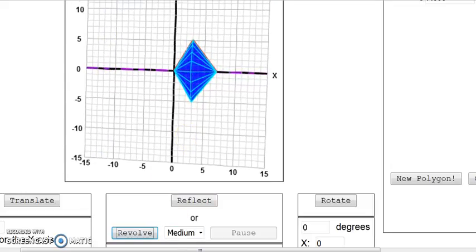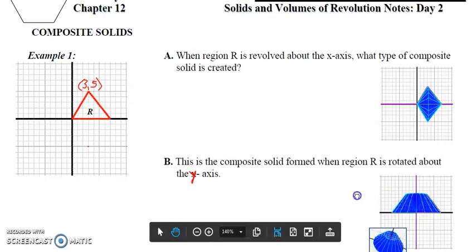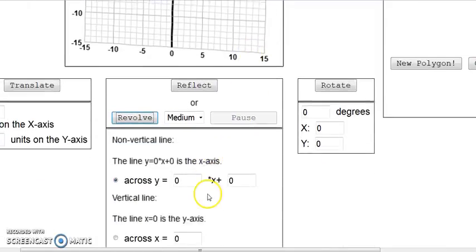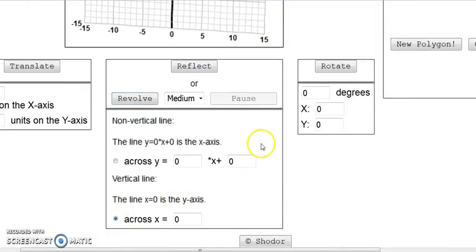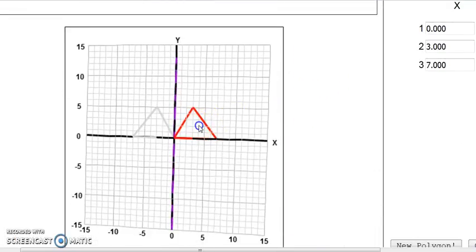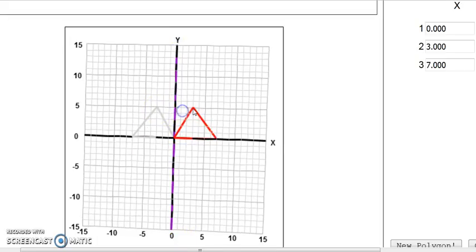Now, I don't want to get too much into this right here because there's space here. Look what it says if I rotate around the y-axis. I'll show you what it looks like, but we're not going to delve too much into that. So let's reflect. Now, this is going to revolve all the way around this line here to this gray spot. So if you see this triangle here, that's just air, but it's in the shape of a cone.